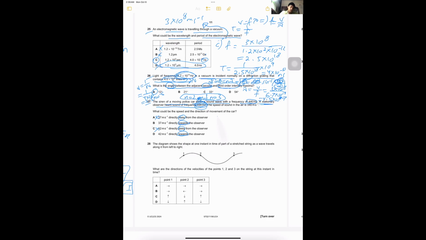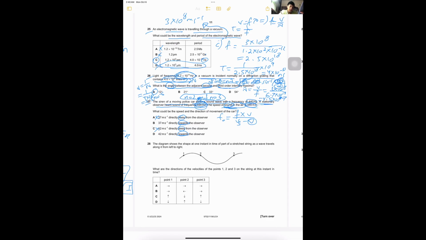Now we know a formula and we will use it. f0 equal to the initial f into v by, what is the speed? So v, let's say that is v of the speed of sound, minus vs, and we need to find this v right here.